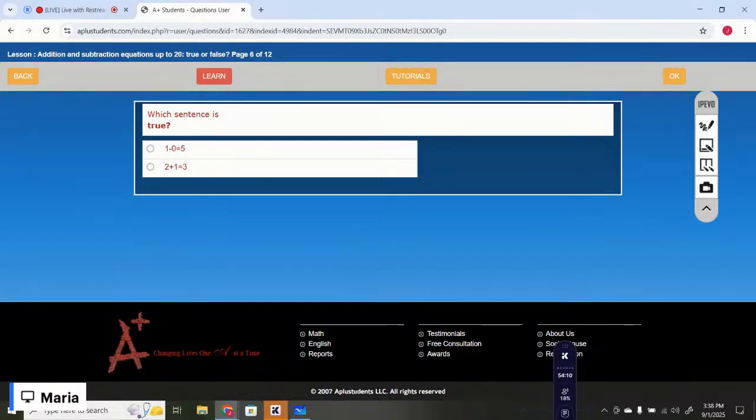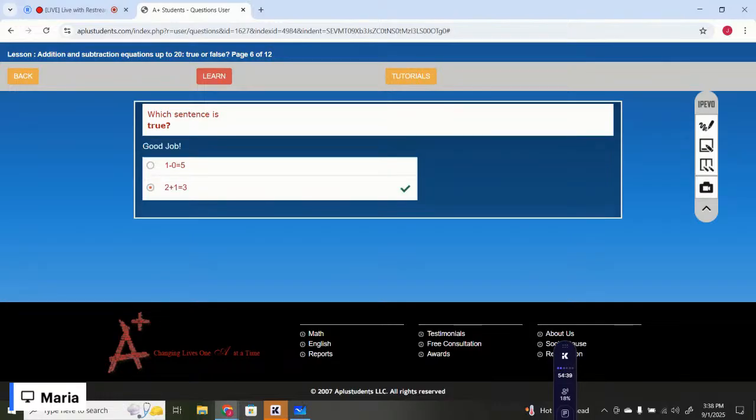Which sentence is true? That is 2 plus 1 equals 3. Option number 2 is the correct option.